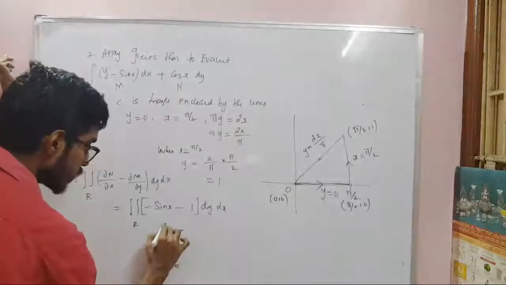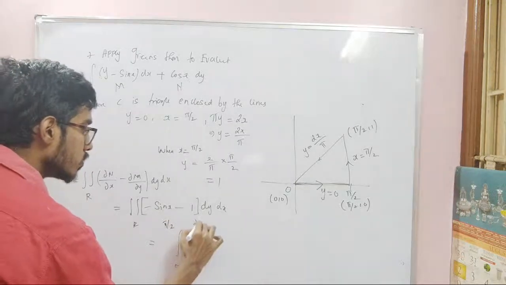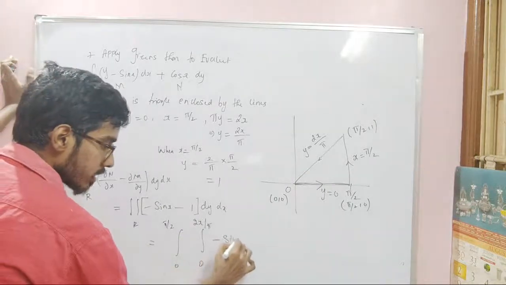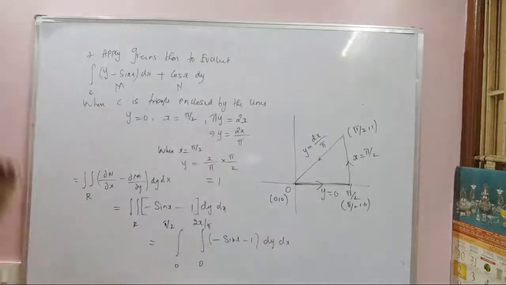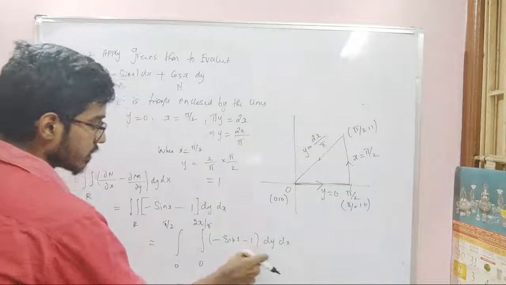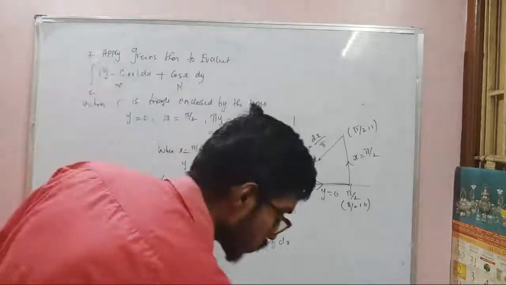So the integral is minus sin x minus 1 dy dx. I think you can easily integrate this, right? So integrate with respect to y, this will be minus sin x times y minus y, and then you find upper limit minus lower limit, and then you integrate with respect to x.